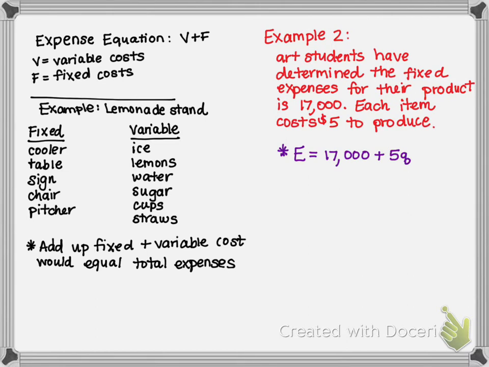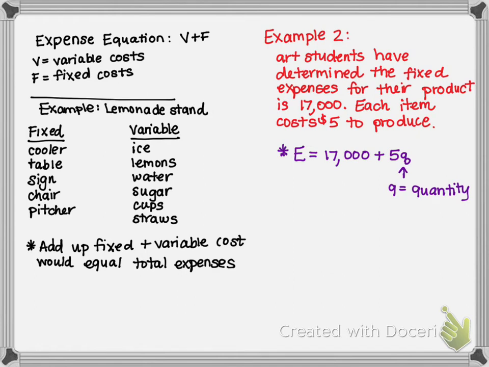Okay, so essentially your expense equation would be your fixed expenses plus your variable expenses. So your fixed expenses being the $17,000, and then your variable expenses being the $5. And we have to put 5 next to a variable, thus it being a variable expense, right? Because this is the quantity that's produced. So it's going to be $5 for each one that we produce, right?